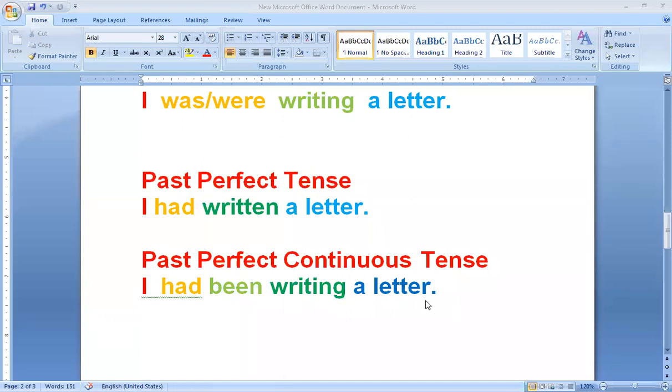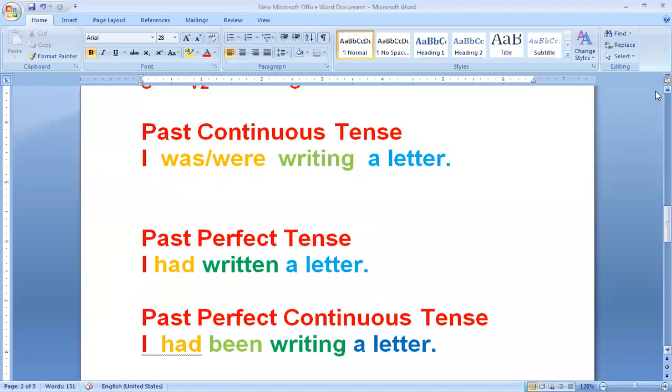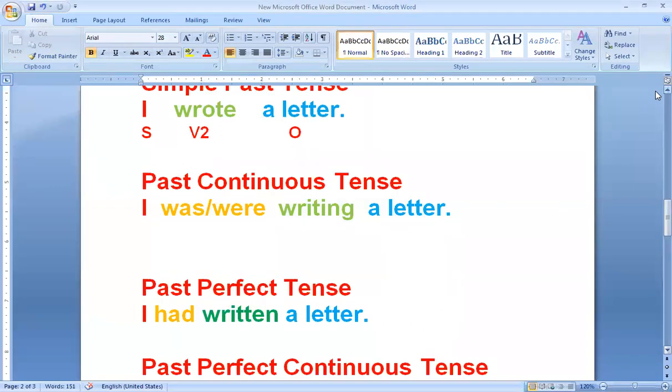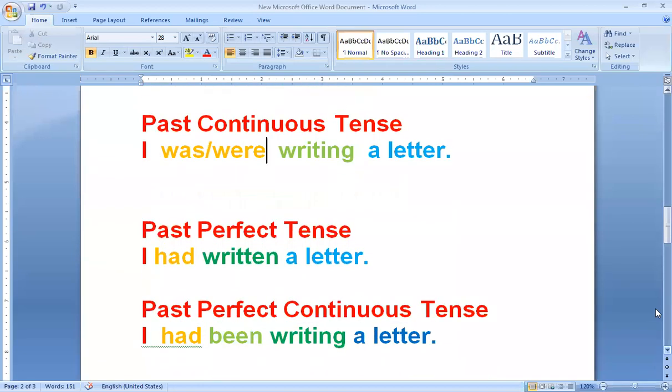And then we completed past tense. According to their time of action, those can be categorized into simple past tense, past continuous tense, past perfect tense, and past perfect continuous tense. Simple past tense, I wrote a letter. Past continuous tense, I was writing a letter. And past perfect tense, I had written a letter. And in past perfect continuous tense, I had been writing a letter.